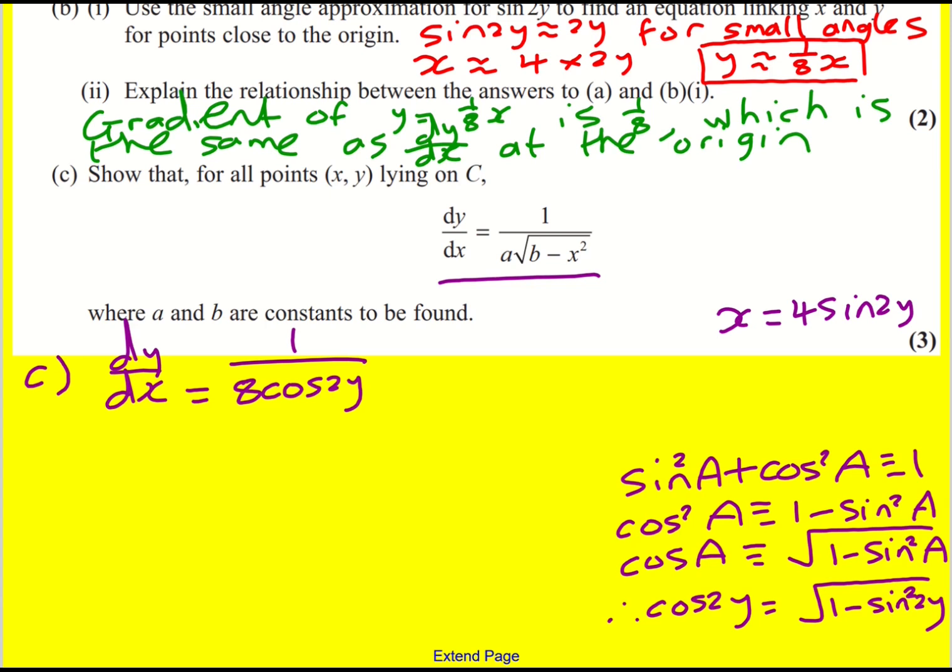And we're ready to continue with this. So we're going to get 1 over 8 square root 1 minus sine squared 2y. Sine 2y is actually x over 4.